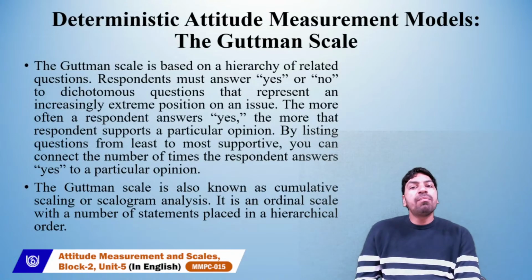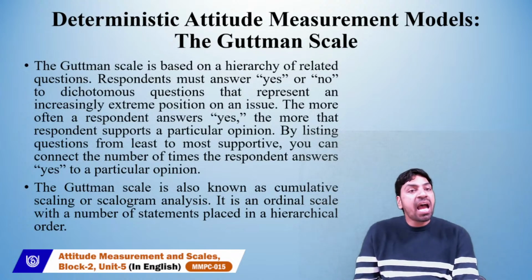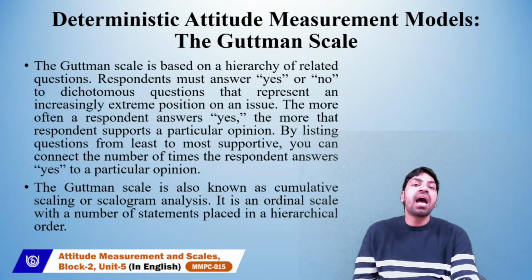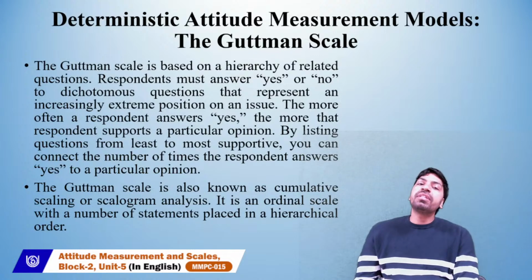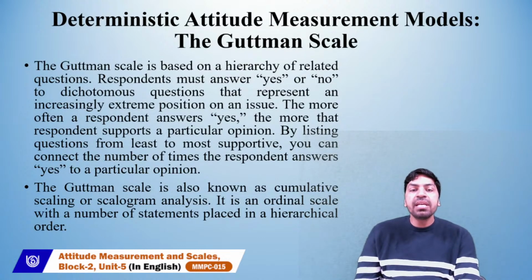Now we can talk about the major types of scaling to determine the attitude of an individual or of a population. One of the scales is the Guttman scale, a deterministic attitude measurement model, and the first one is the Goodman scale.